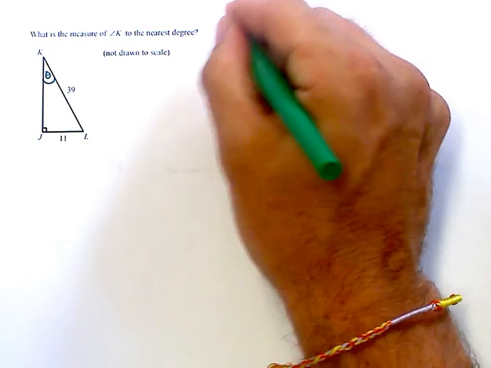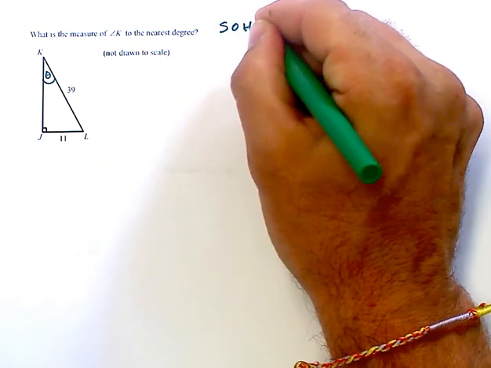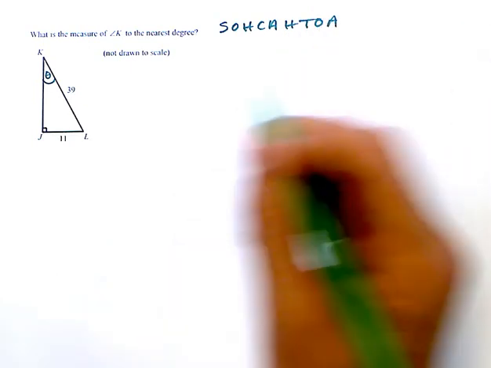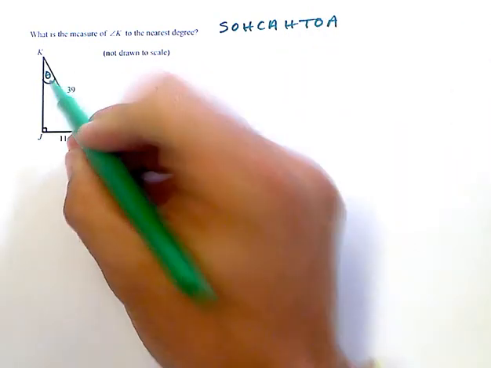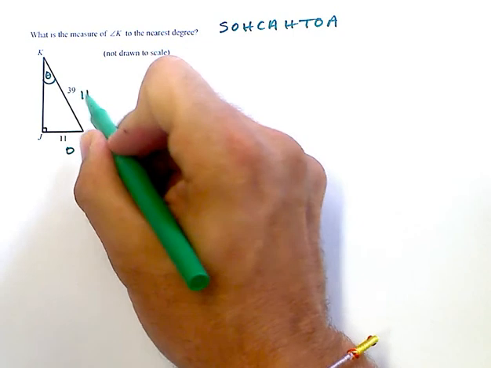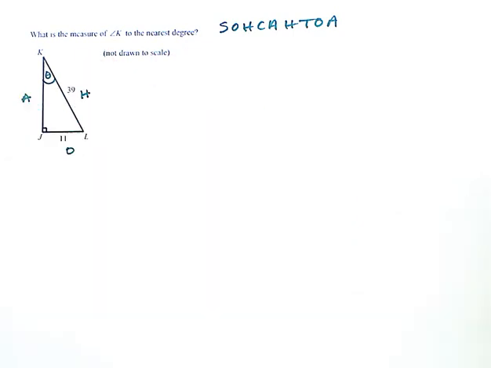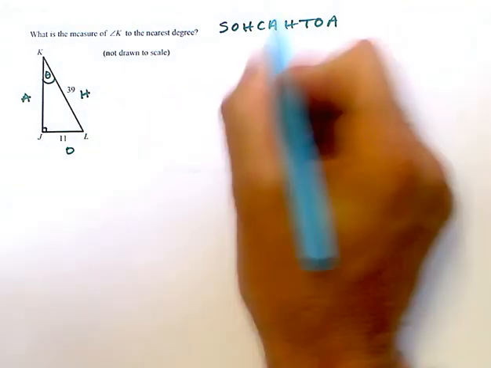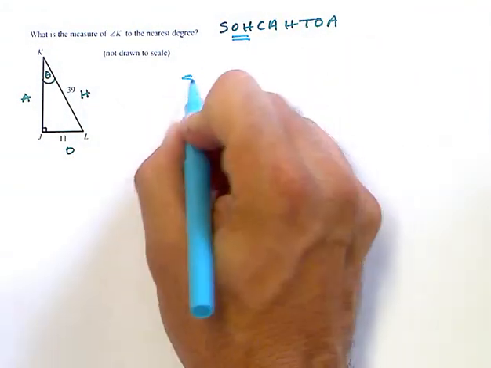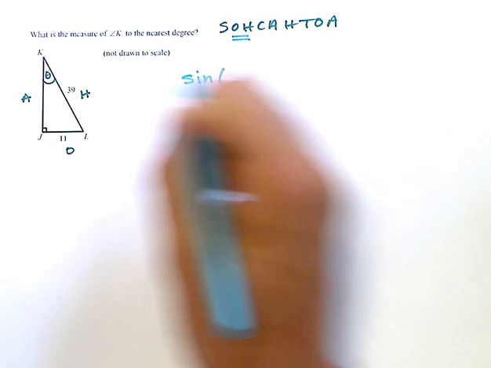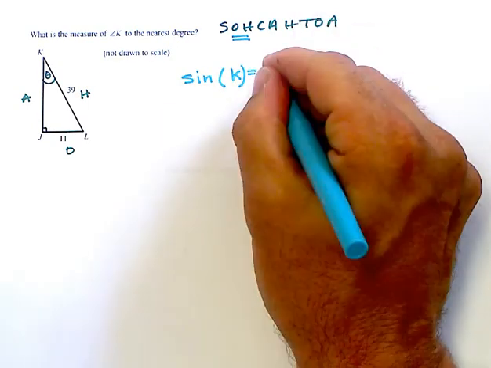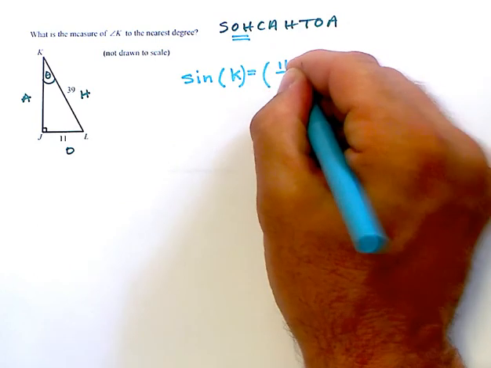So a little bit different here, still working with SOHCAHTOA, sine, cosine, tangent, still having to identify here is the angle, here is my opposite, here is my hypotenuse, here's my adjacent. Identifying what they're giving me, an opposite and a hypotenuse, and recognizing, okay, I'm going to use sine. And sine of angle K is going to be equal to my opposite over hypotenuse.